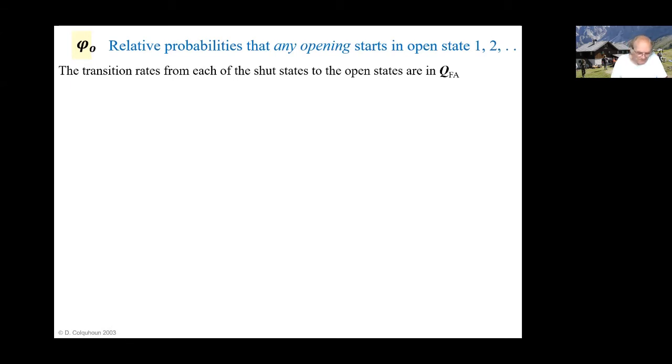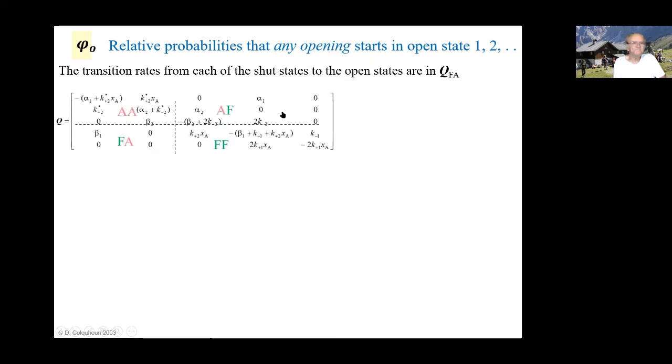So first of all, how do we find this initial vector? Well, how does an opening start? It starts by a transition from a shut state, and the transition rates from each of the shut states to the open states are in the submatrix QFA. This bit has the transition rates from each of the 3 shut states to the 2 open states.